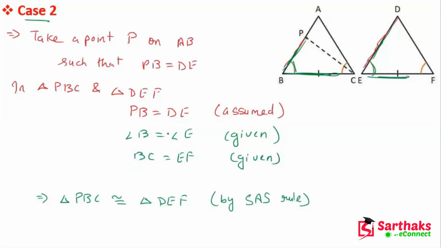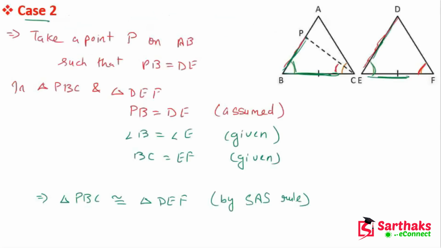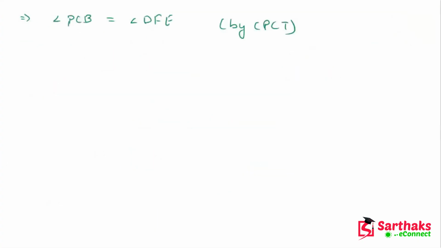Now from this we can write that angle PCB is equal to angle DFE by CPCT, corresponding parts of congruent triangles. If any two triangles are congruent, then all the corresponding sides and corresponding angles are equal to each other, so these angles need not be proved.